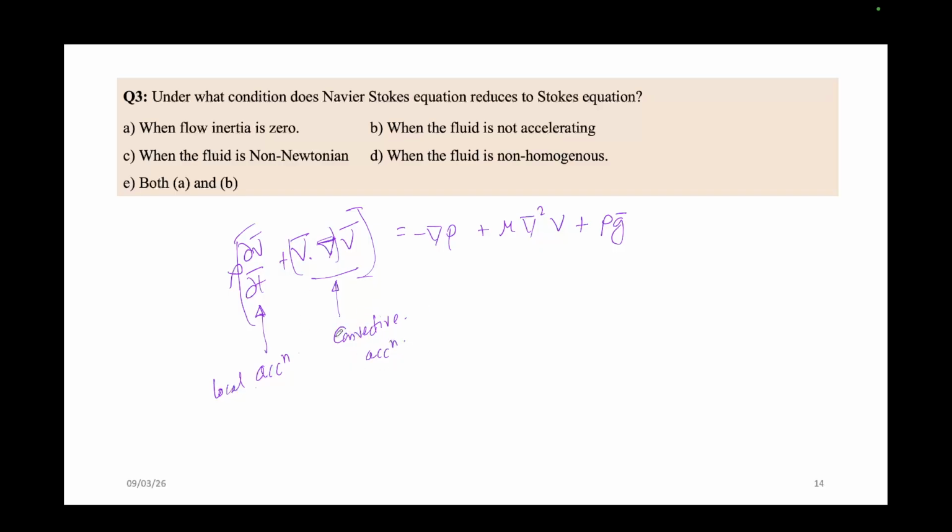Okay, so basically these two acceleration terms, what do they indicate? Just tell from Newton's law, the second law. The rate of change of momentum, where does this come from? What is the first law?